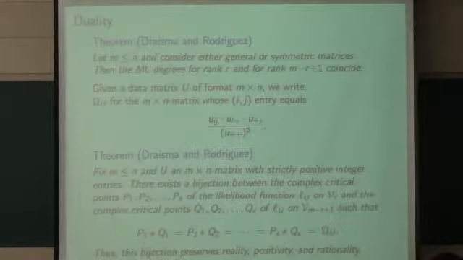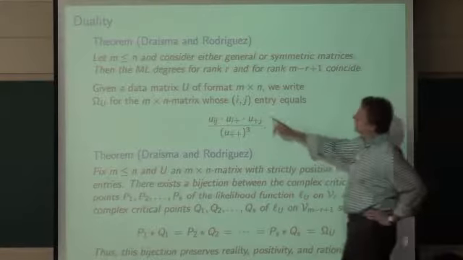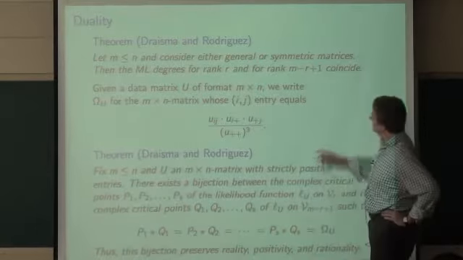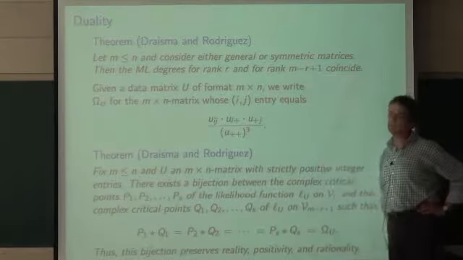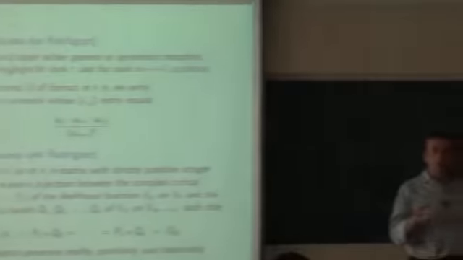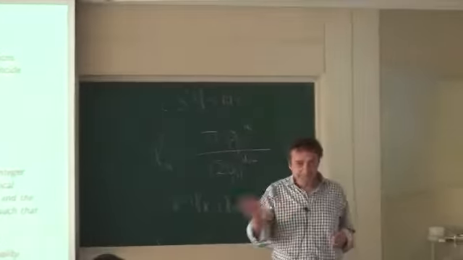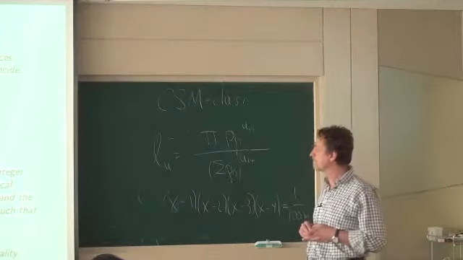It works for skew-symmetric matrices too. Then the ML degree for rank R equals the ML degree for rank M minus R plus 1. Okay? This says that if I look for rank R or co-rank R minus 1, the degree will be the same. So that's exactly the symmetry we saw in the colors.